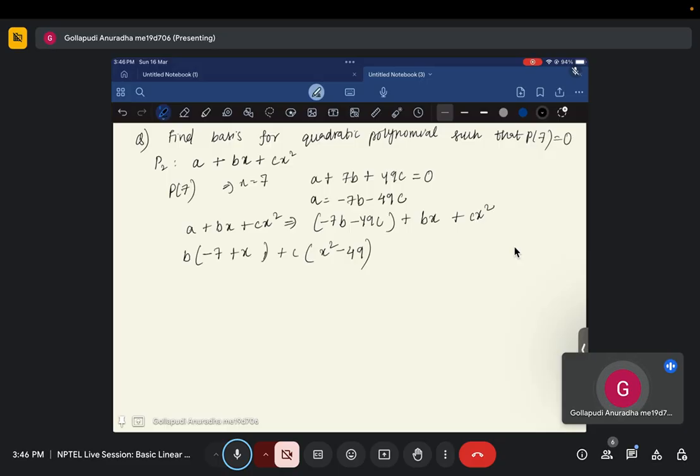So the given polynomial with P of 7 equal to 0 can be written as a linear combination of minus 7 plus x and x square minus 49. So these two are the basis for the given quadratic polynomials. Is it clear?